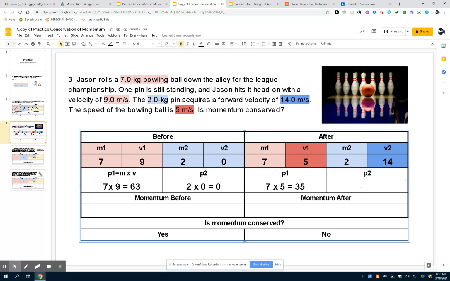And then we have 2 times 14, which equals 28. So for each of the before momentum and the after momentum, we have to add up each individual momentum on each side. So on this side, it's just going to be 63 plus 0, which equals 63 kilogram meters per second. And then afterwards, it's 35 plus 28, which equals, again, 63 kilogram meters per second. And as long as these numbers are the same, then the momentum is conserved.